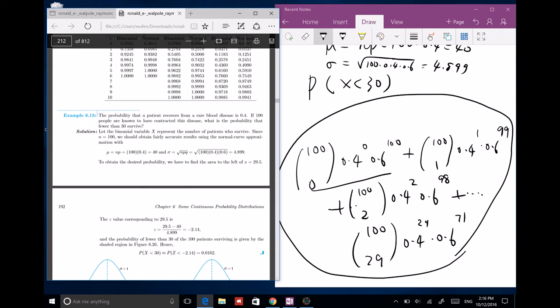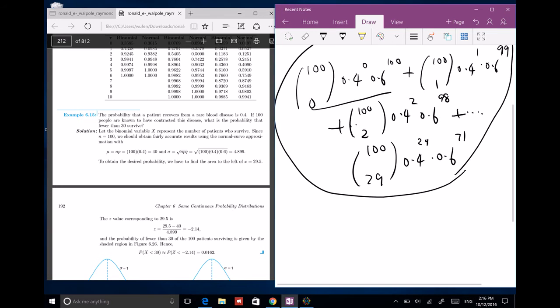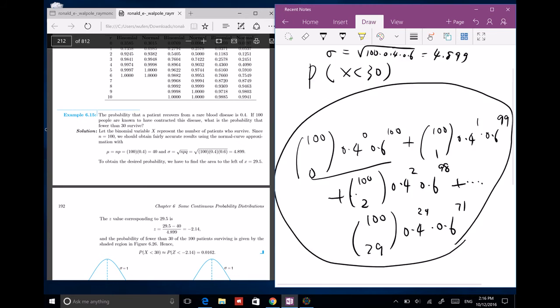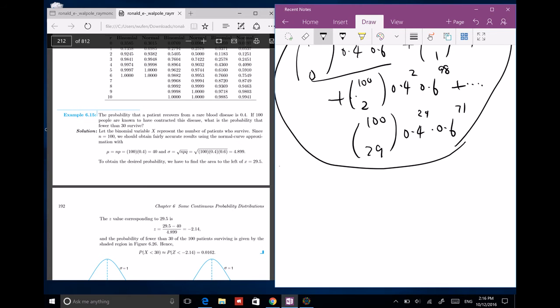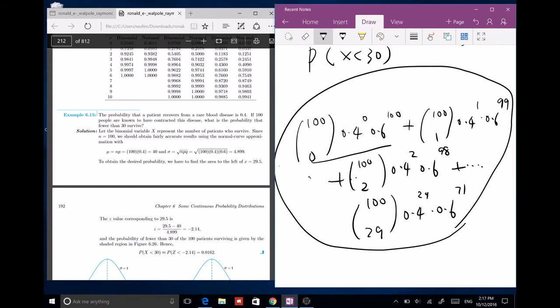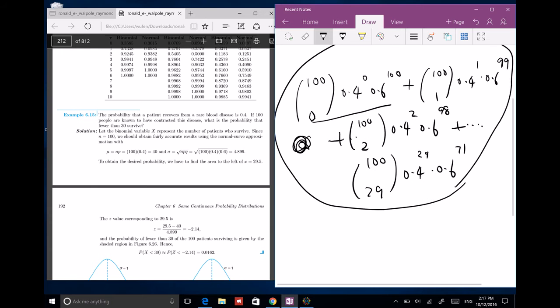Since n is 100, it's pretty big, and given np is 40, that's big enough, we can use a standard normal distribution to approximate it. Instead of doing this, we use the standard normal distribution to approximate the value of the whole thing.